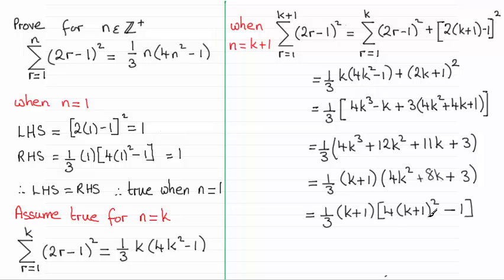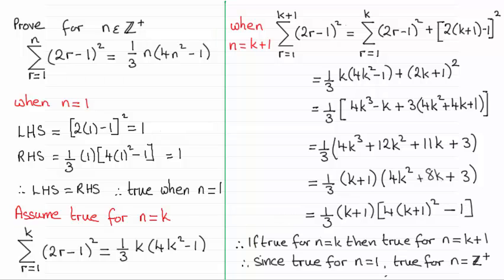I've done it here, and if you expand (k plus 1) all squared, which will be k squared plus 2k plus 1, times it by 4, you'll end up with 4k squared plus 8k plus 4, but now you've got to subtract 1, that gives us the 3 there. So you can see it is true for n equals k plus 1 if it's true for n equals k. So we just need to finish off now.